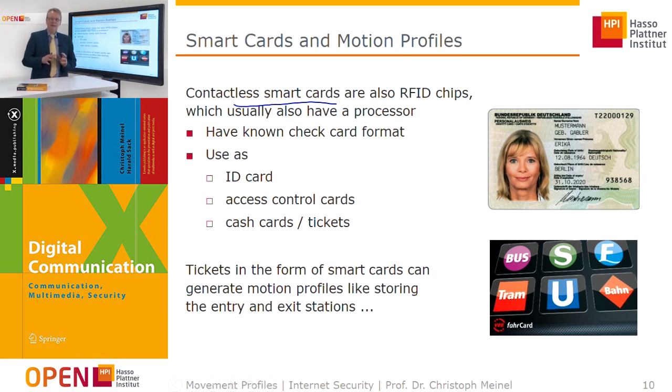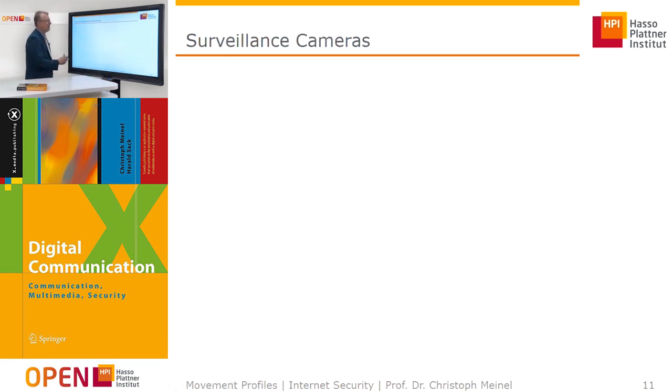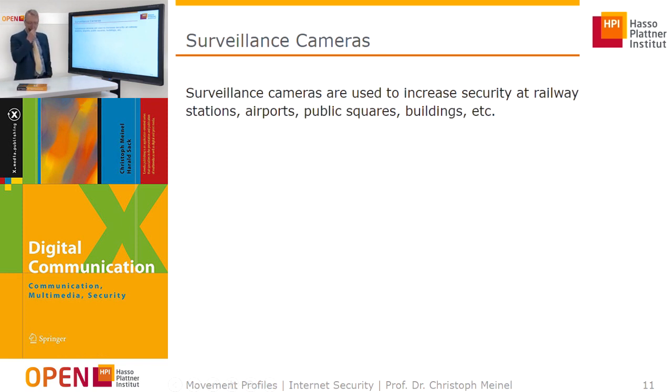By means of such a card, the user can step into a bus or a tram, and the control checks the RFID communication, which says, yes, this person is identified and has paid for the service. But of course, this data is then out in the world and can also be used for creating motion profiles.